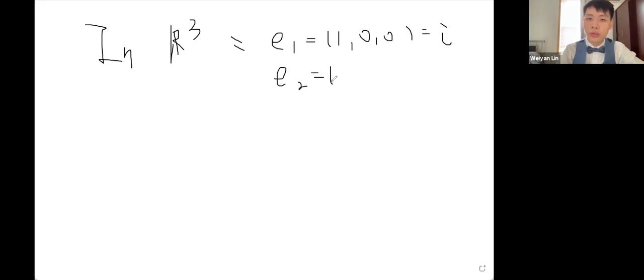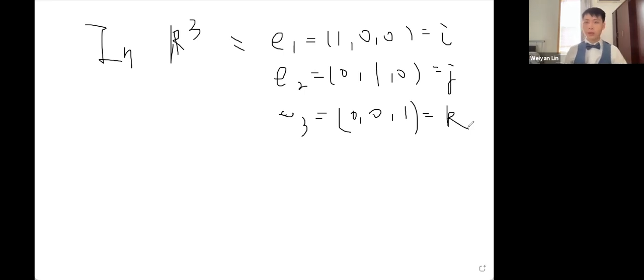E2, which is 0, 1, 0, is just J. E3, 0, 0, 1, is just K. So it's just a notation clarification: if you see I and J and K as vectors, that means we're talking about the standard basis in R3.